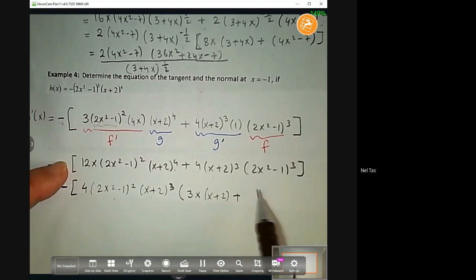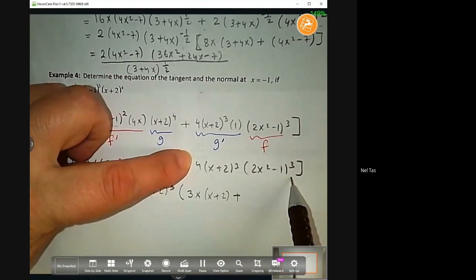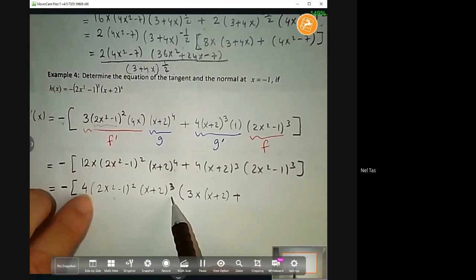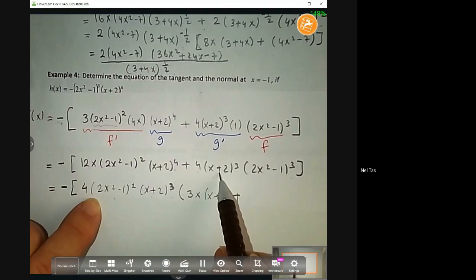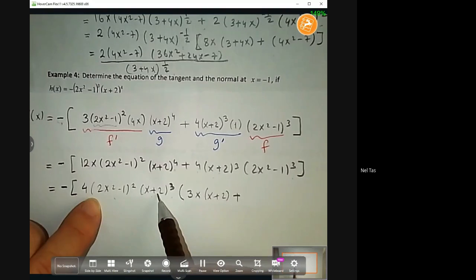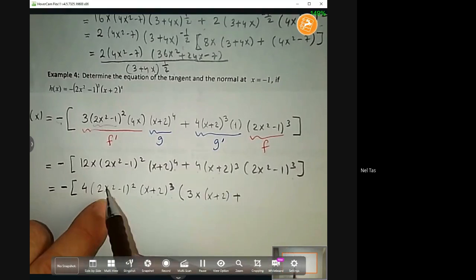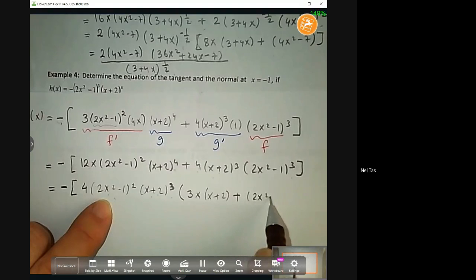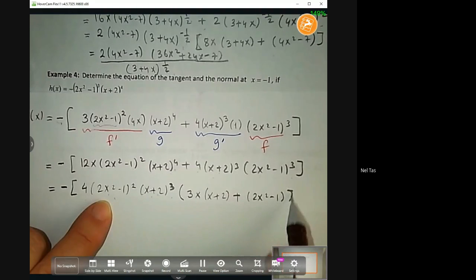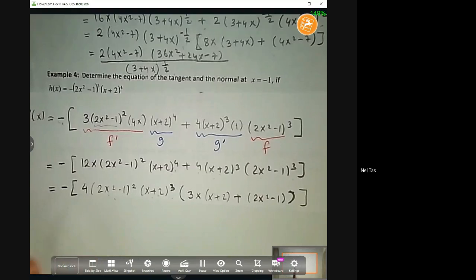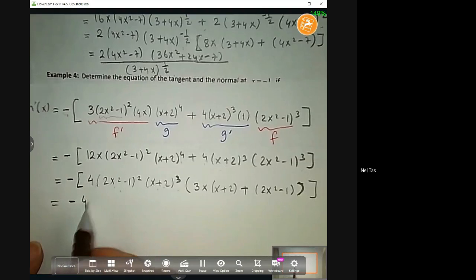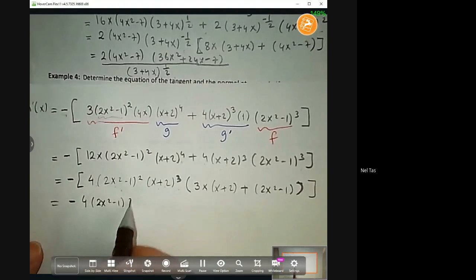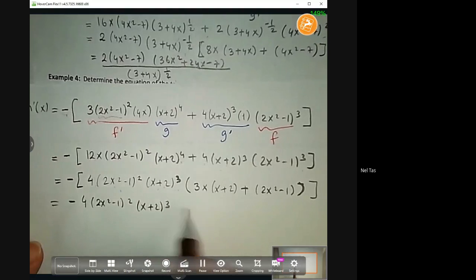Plus, now take the second term divided by the common factor. 4 divided by 4, gone. X plus 2 cubed divided by x plus 2 cubed, gone. 2x squared minus 1 cubed divided by 2x squared minus 1 squared gives you 2x squared minus 1. So negative 4, 2x squared minus 1 squared, x plus 2 cubed.